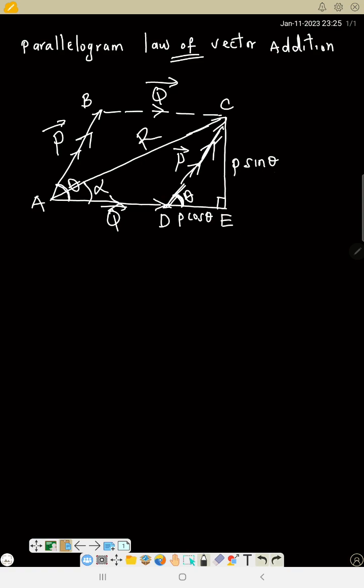So now let's use the Pythagoras. So hypotenuse square, that is r square, equals opposite square, that is p sin theta square, plus adjacent square. So adjacent is q plus p cos theta, so adjacent square.